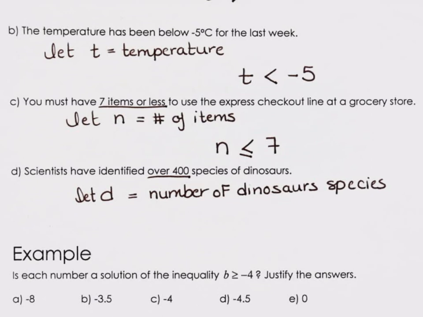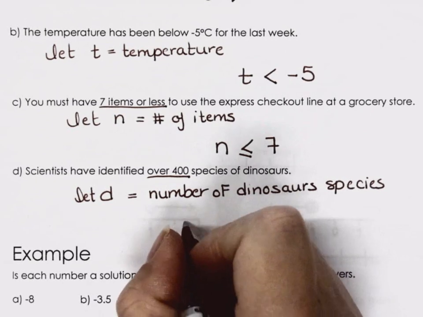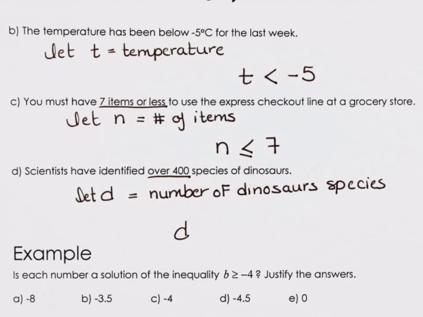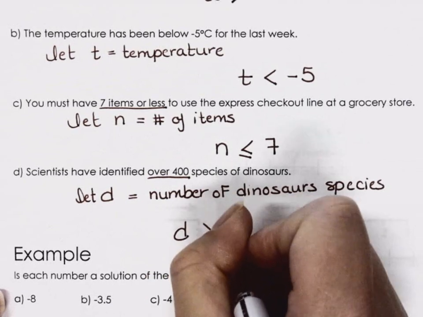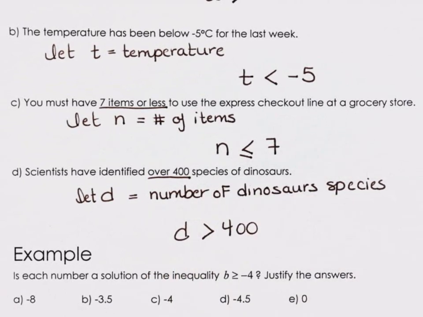All right. So is D greater or less than 400? They've identified over 400. Greater. Does it equal 400? I don't think so, because it's over. Any number over 400 would work.